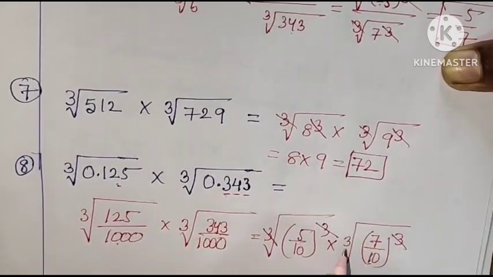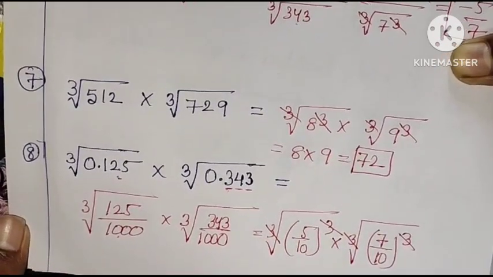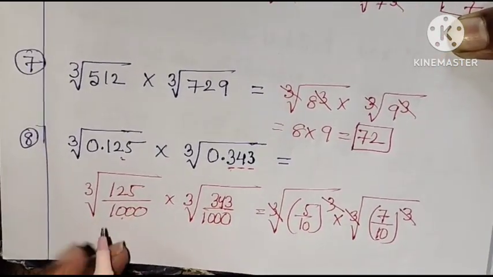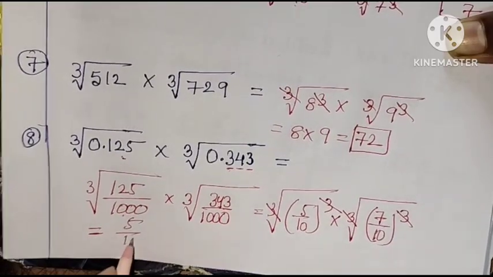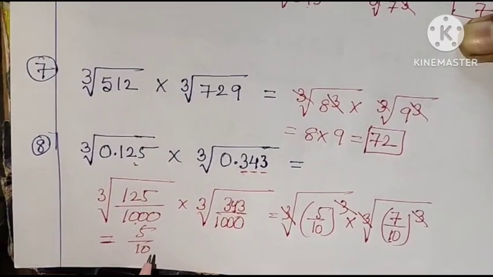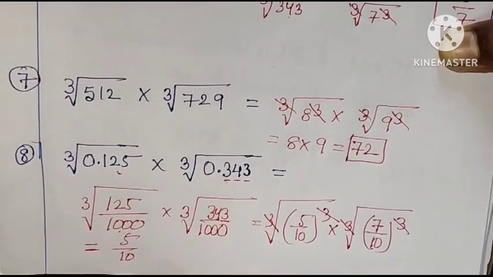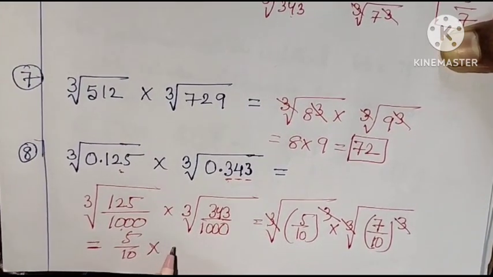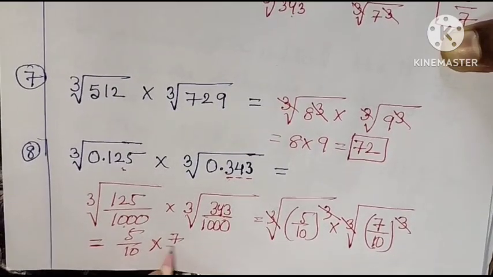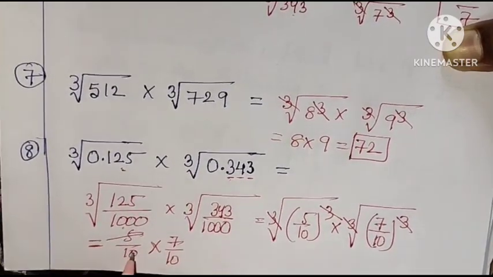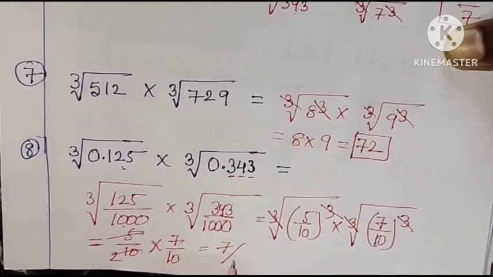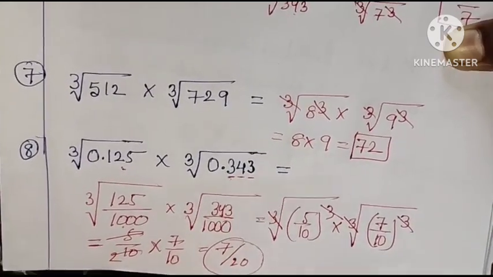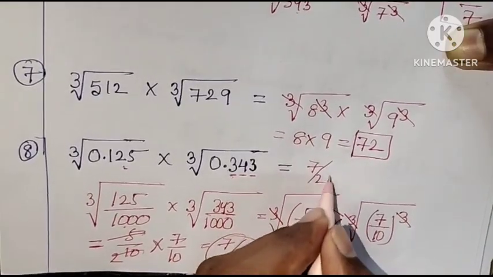Cube root cancels, and here cube root cancels, and we get the simplest form 5 by 10 into 7 by 10. 5 ones are 5 and 5 twos are 10. So we get 7 by 2 tens are 20. So the answer is 7 by 20. The final answer is 7 by 20.